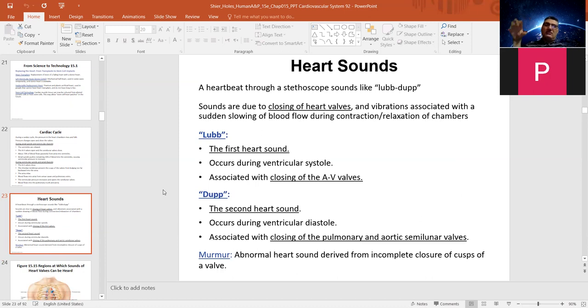Now, while all of this is happening, there is a heart sound. When you put the stethoscope on the heart, we're supposed to hear some normal sounds. The normal sounds are 4 sounds. First heart, I'm talking about the normal now. First, second, third, and fourth. We're focusing more on the first 2 because practically speaking, this is what we can actually hear.